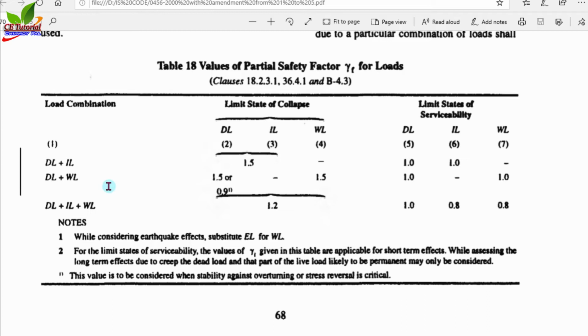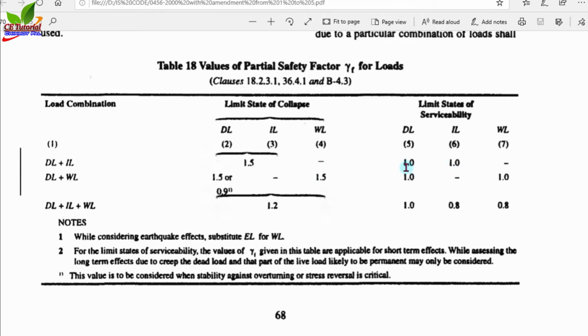Keeping the economical criteria, we can neglect either earthquake load or wind load. We can neglect one. That's why dead load plus imposed load is there, dead load plus wind load is there, dead load plus earthquake load is there, dead load plus imposed load plus wind load is there, or dead load plus imposed load plus earthquake load is there. You got my point.